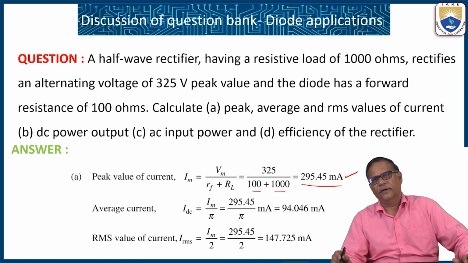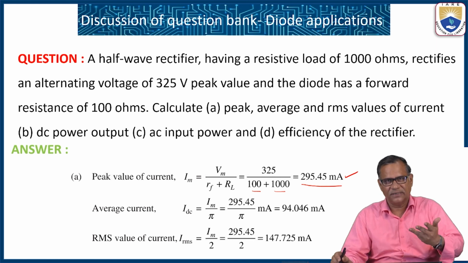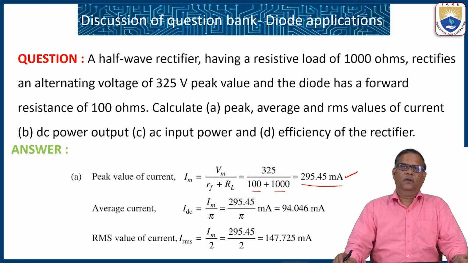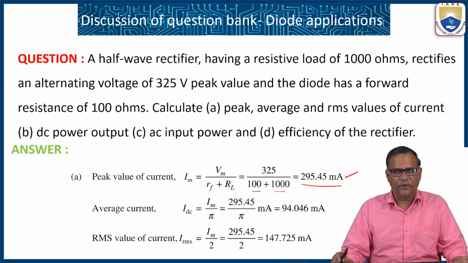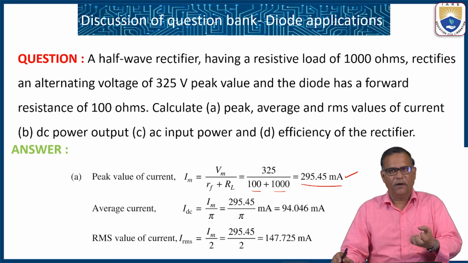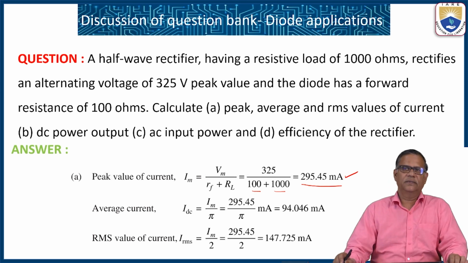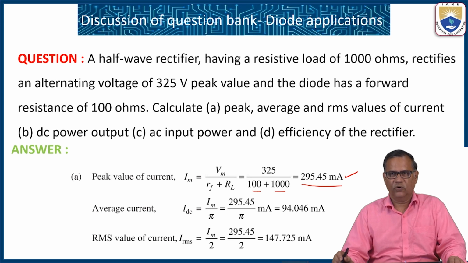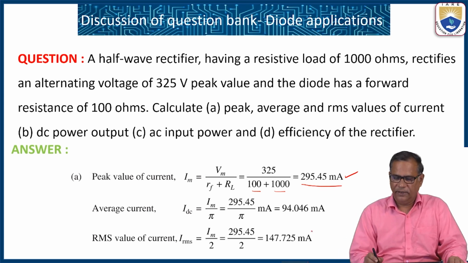If it is full-wave rectifier, it is 2Im by pi, twice the value of half-wave rectifier. But here, because it is a half-wave rectifier, IDC is equal to Im by pi. So that is equal to 295.45 divided by pi, which is 94.046 milliamperes.